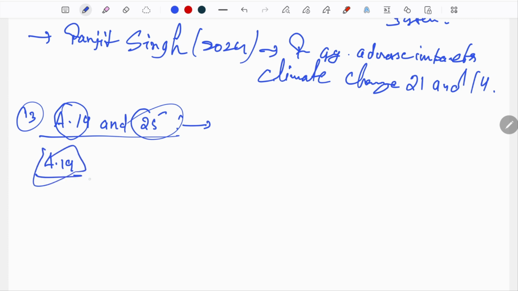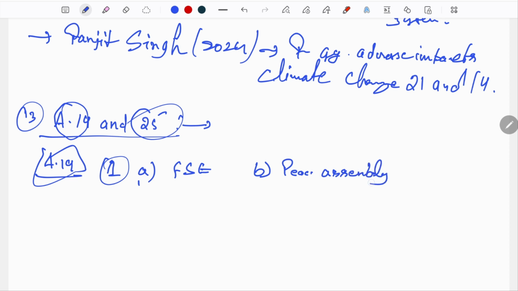it gives the right to freedom of speech. Article 19(1)(a), that is freedom of speech and expression. B is about peaceful assembly without arms. C is about forming an association or union.